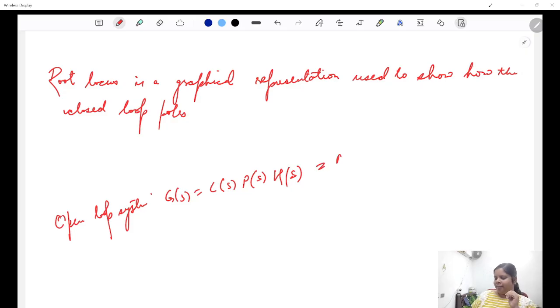Let's say it is denoted by some numerator upon some denominator. Now, if I want to see the characteristic equation, it is going to be 1 plus K A(s) by B(s), equal to 0.